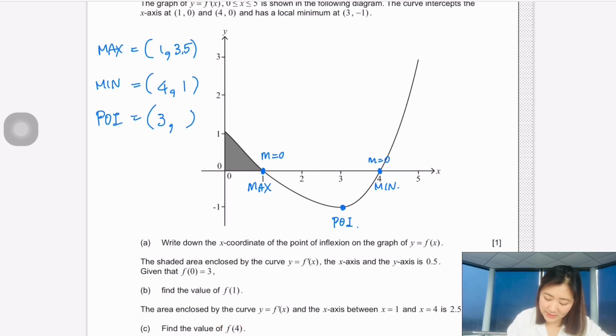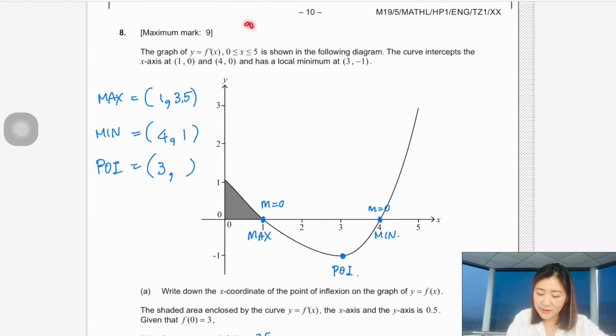So this is 1. And one more, can we find the value of y for the point of inflection? Do we have the original function? No, so we cannot find this one. That's all we can find.